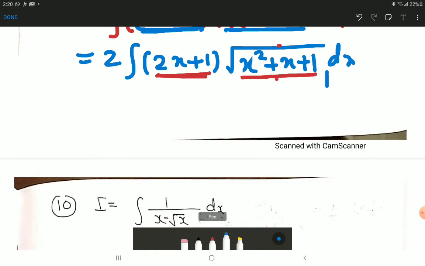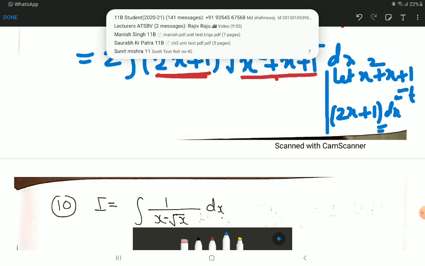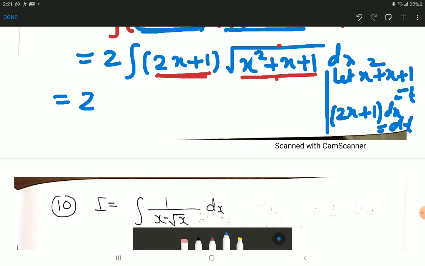So let x square plus x plus 1 is equal to t. If you differentiate it, it will become 2x plus 1 dx is equal to dt. So now the question takes the shape 2 into root t, into 2x plus 1 dx is dt. So 2 is constant.